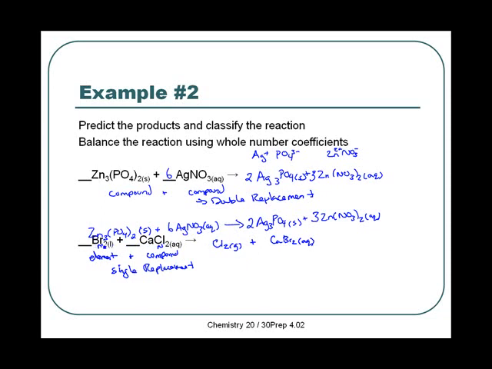If we take a look, we have two Brs on one side, two Brs on the other, one calcium, two chlorines, two chlorines. So we're good. We have a balanced chemical reaction. It turns out we don't have to put any coefficients in front, and that's okay. It just means this one was easy.